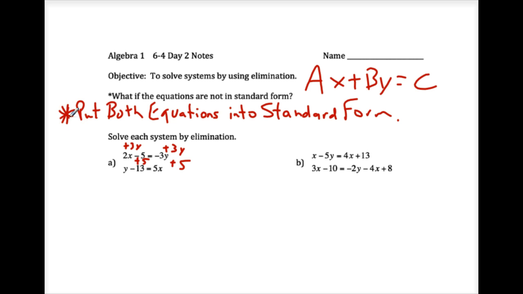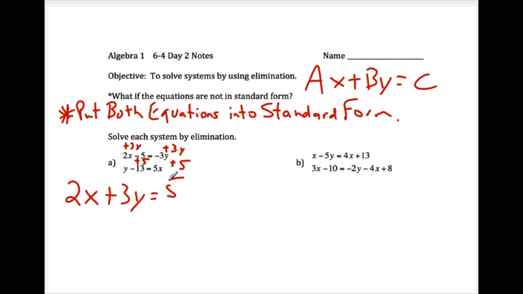For linear equations and stuff like that, yes, make sure A is positive. But when you're solving systems by elimination, it's okay if A is negative. Madeline, what's the standard form of this first equation? 2x plus 3y equals 5.